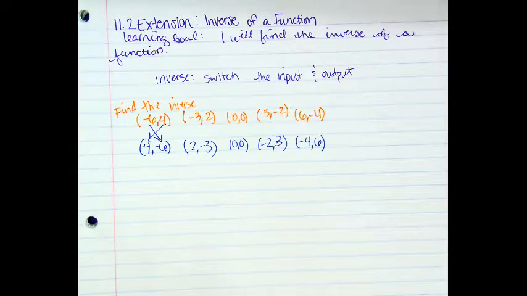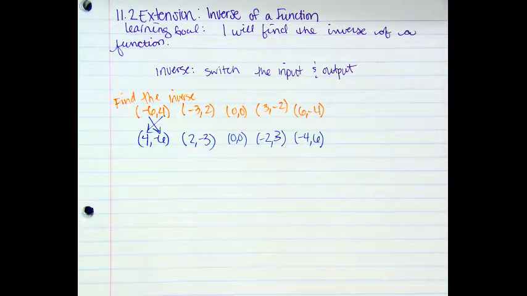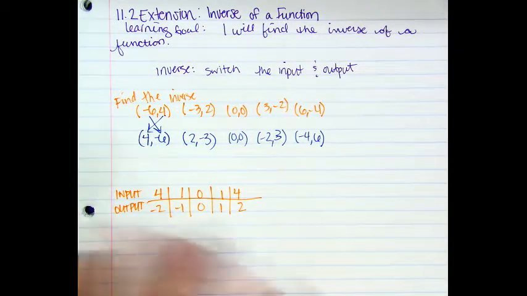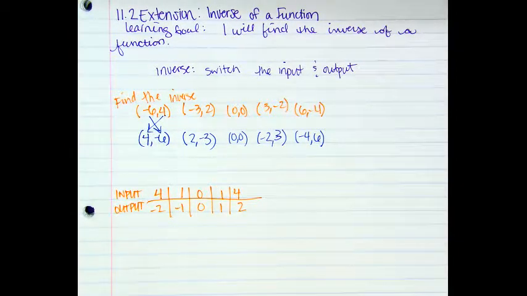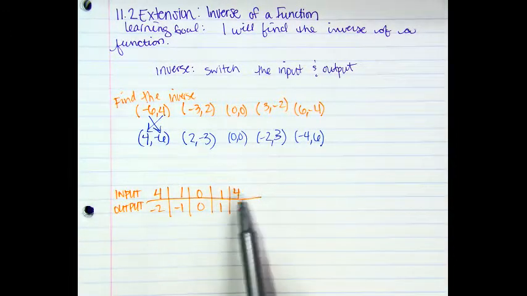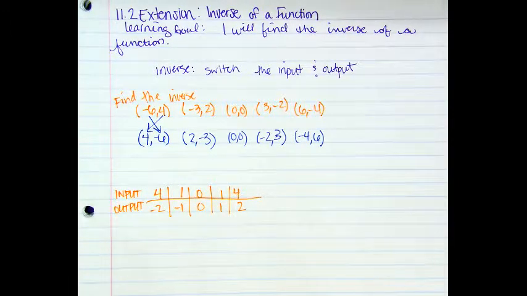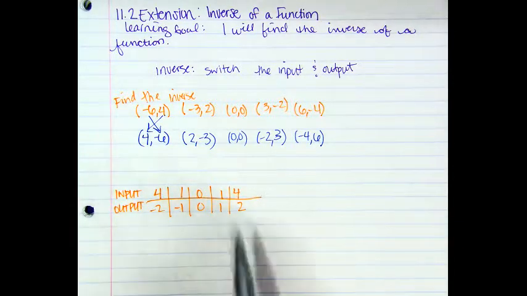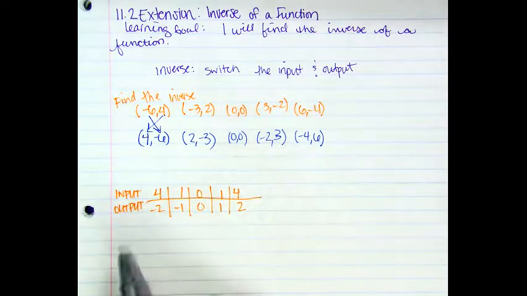If you have it as a table, you can do the exact same thing. So here's a table, and you can see here that this is actually not a function, because 4 goes to negative 2, and 4 also goes to 2. So I have one input and two outputs, so this is not a function, but I can still find the inverse.